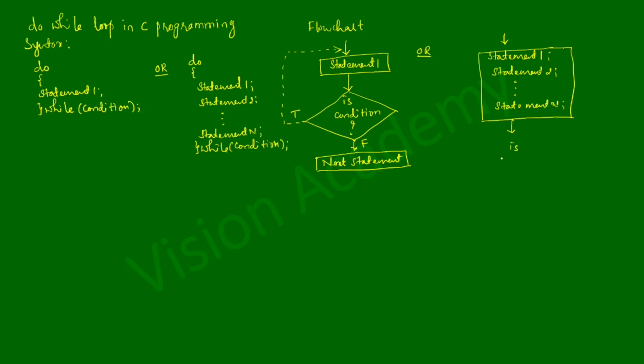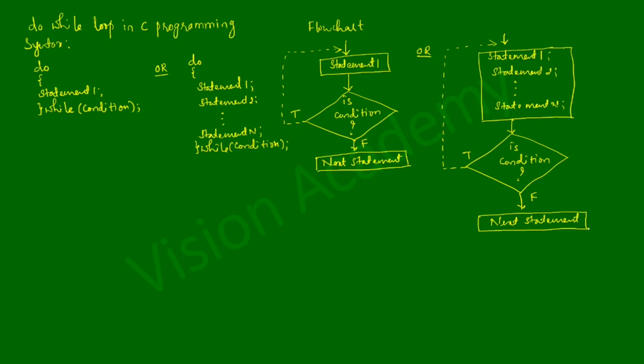Here I'm going to write is condition question mark, and here we are going to draw a rhombus once again. If it is true, then the control transfers to the first statement. Once again it starts executing from top to bottom all the instructions. If it is false, then the next statement, if any, those statements will get executed. So here, put it in a rectangular box.